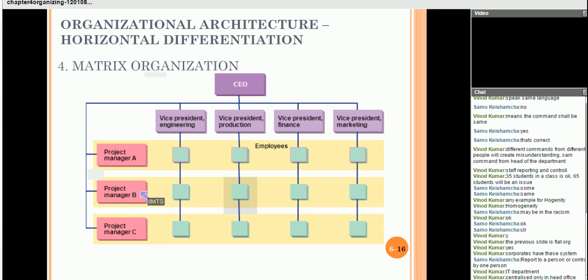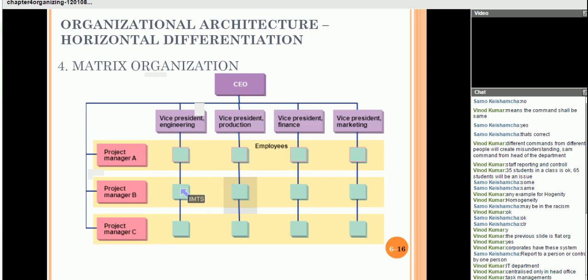So project managers A, B and C all are reporting to the CEO. Vice presidents are also reporting to the CEO. And then under the vice president there are different employees. Yes, task management.